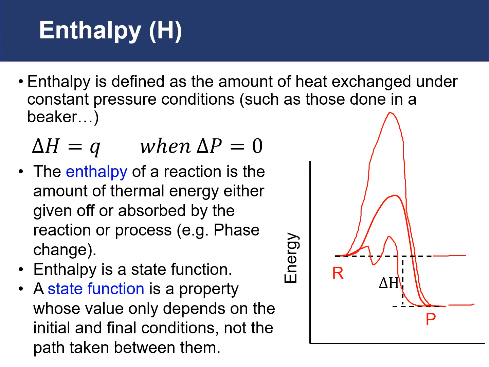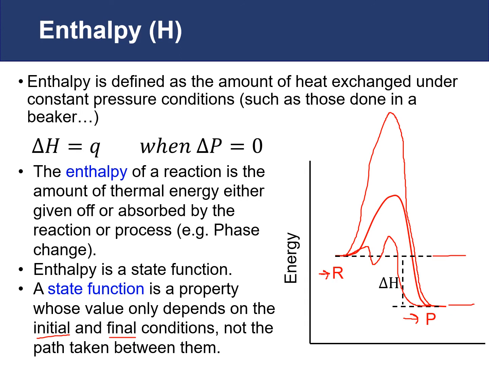So state functions are properties whose value depend only on your initial and your final condition. So where you start and where you end, not the path taken between them. Work and heat, the amount of work that you do does depend on the pressure and how much you're changing the volumes.